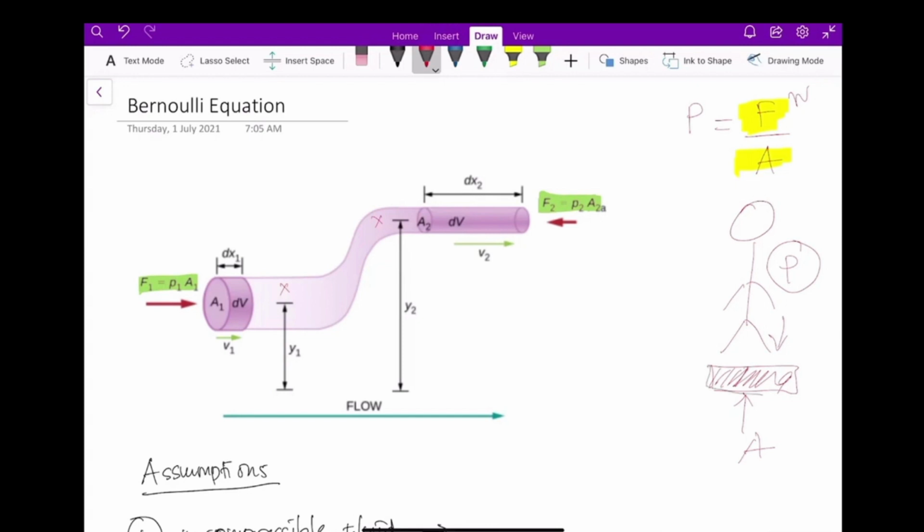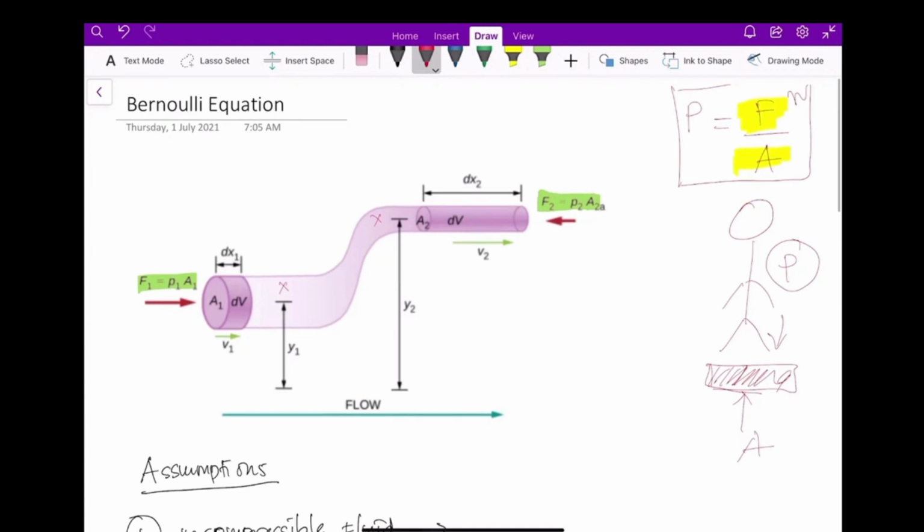So the same we want to apply here. If we talk about the fluid, we can use the pressure and force relationship. If we move the area to the other side, our equation will be force equal to pressure multiplied by surface area. For our case, for our pipe, the surface area will be the area of the pipe.